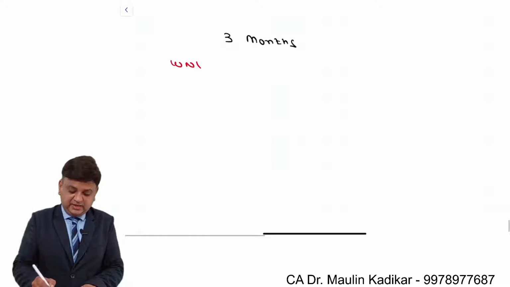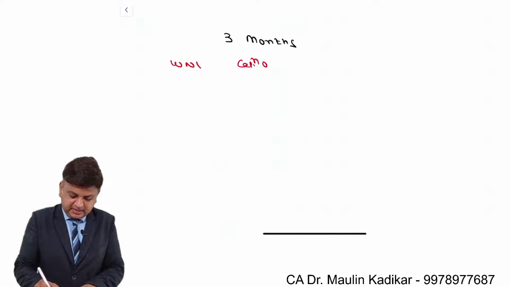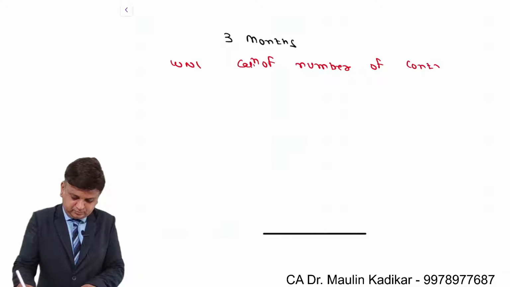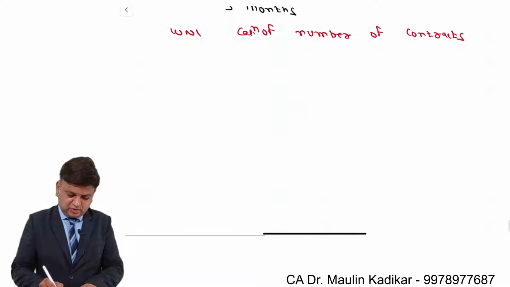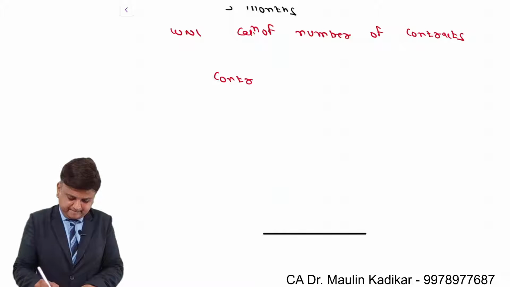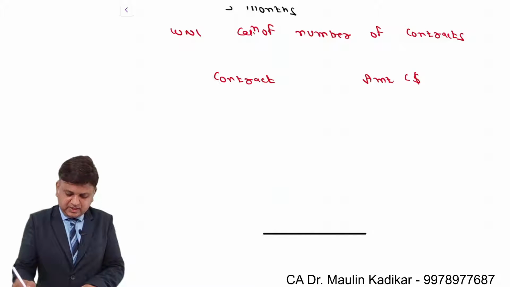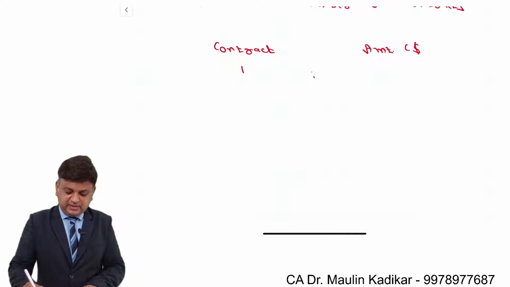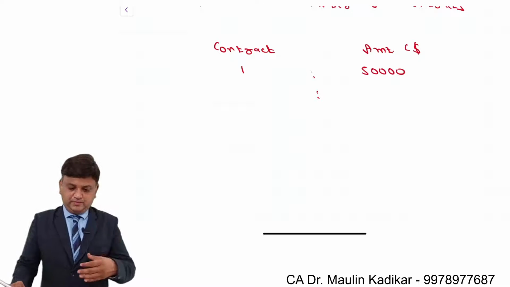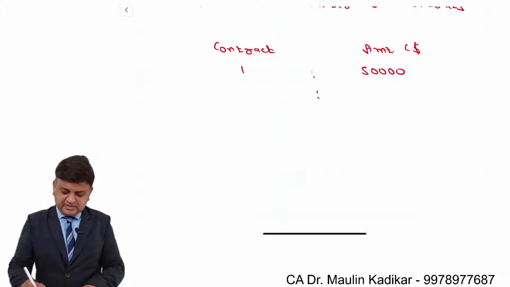Again, working note number 1 is calculation of number of contracts. Number of contracts can be found like this: contract and amount in Canadian dollar currency terms. Entering into one contract means 50,000 Canadian dollar is purchased or sold. The consideration to be paid is 7,05,000.